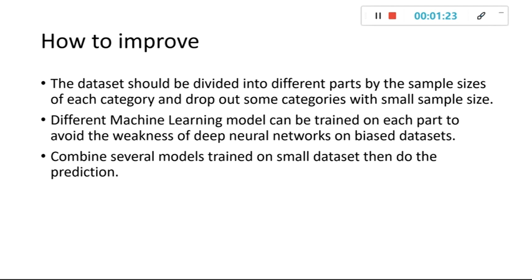The second thing is that a different machine learning model can be trained on each part to avoid the weakness of deep neural networks on biased datasets. The last thing is that combining several models trained on small datasets, then doing the prediction, will help us make the model more robust.